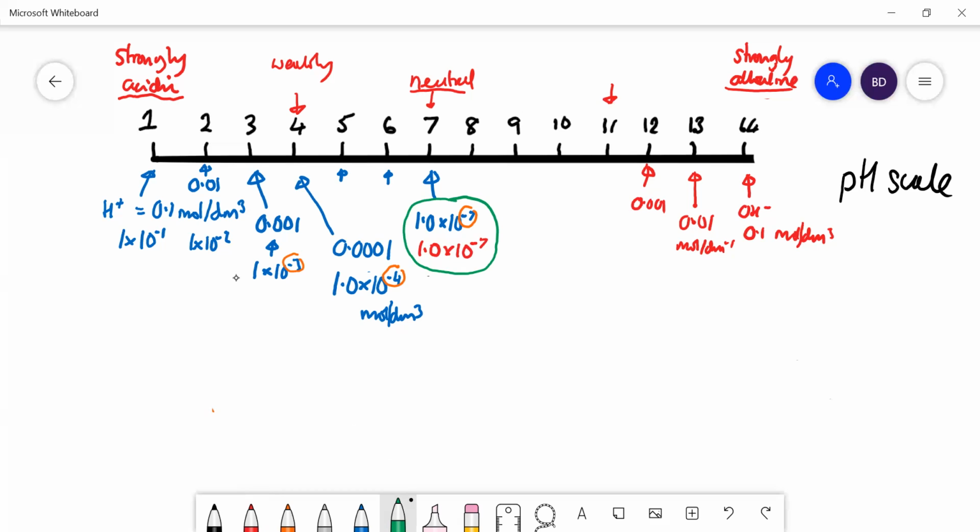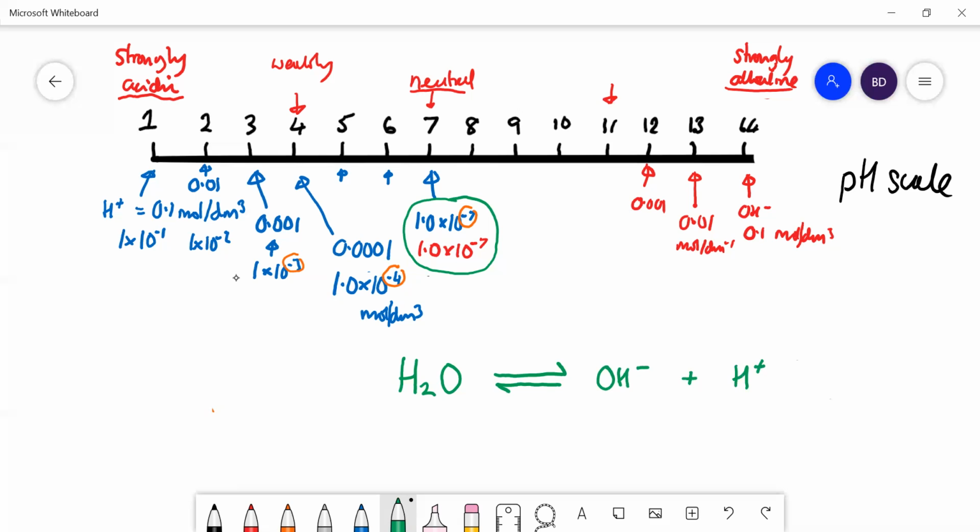Okay, now again, switch off if you don't want to, but you just don't really need to know this just yet. But let's just write down what's happening in water. In water, you have H2O, it's covalent. But I'm going to draw this reversible arrow, means the reaction can go backwards and forwards. A tiny amount of water is always split up into OH minus and H plus ions, just a tiny, tiny amount.